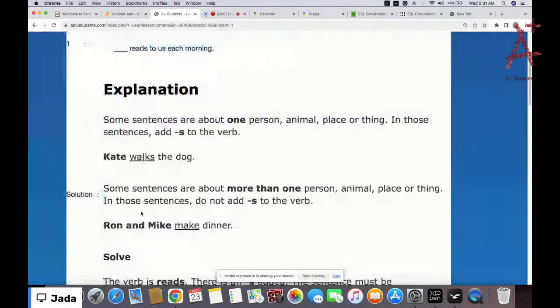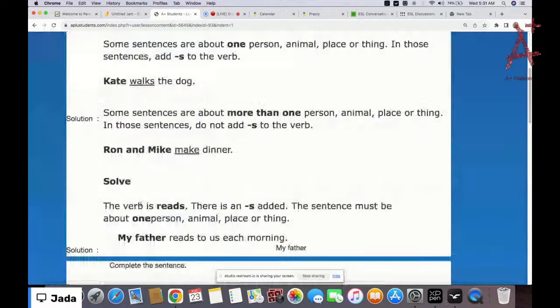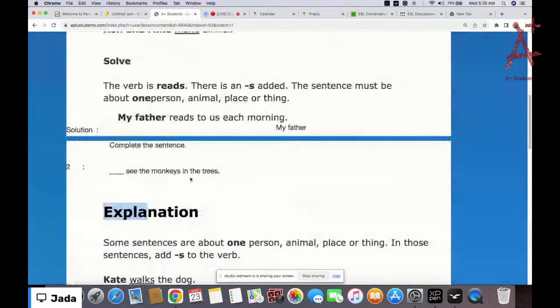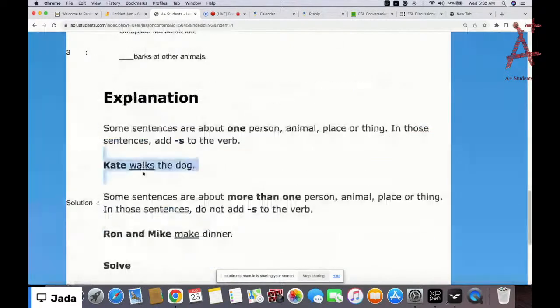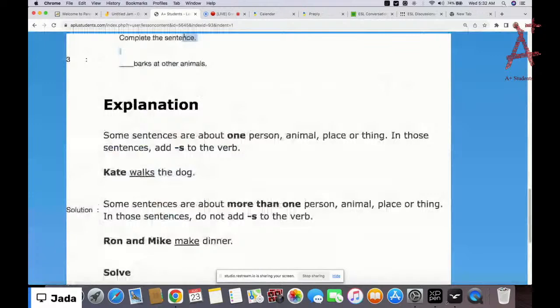It says "my father." So you see, my father is only one person, and my father reads to us each morning. So "reads" because it's singular, my father. So you need a singular verb. Okay. Now it says Dash, see the monkeys in the tree, so it's the one for the lion. So barks at other animals.